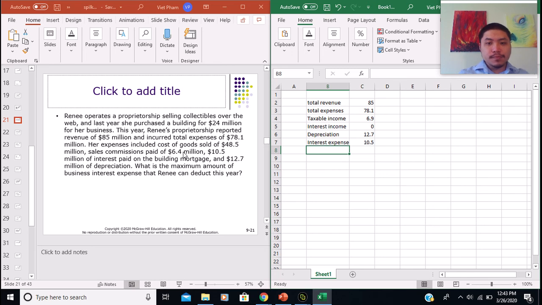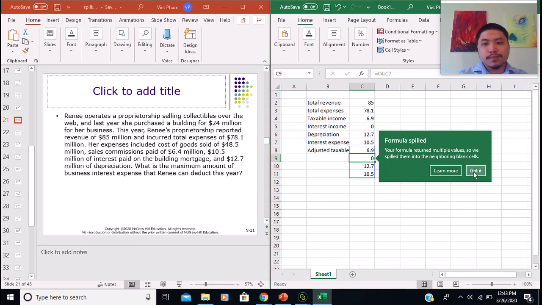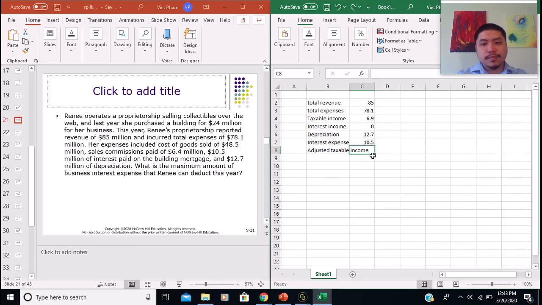So there we can calculate our adjusted taxable income, which is going to be the sum of these three. So our adjusted taxable income is $30.1 million.